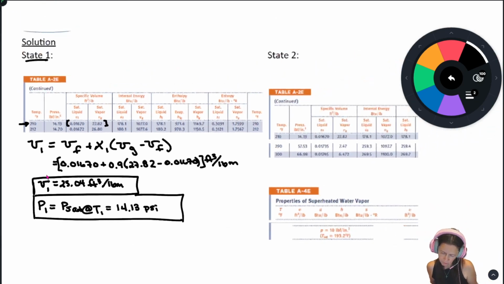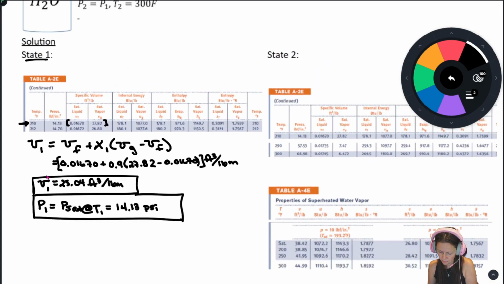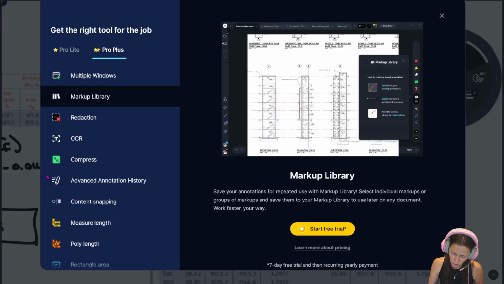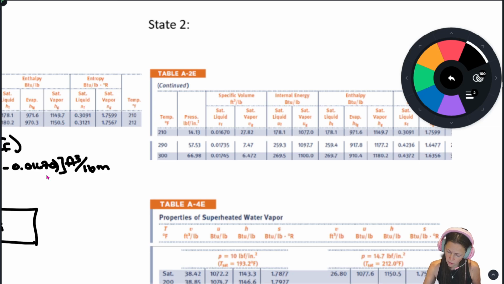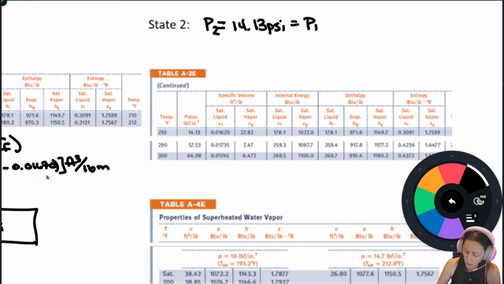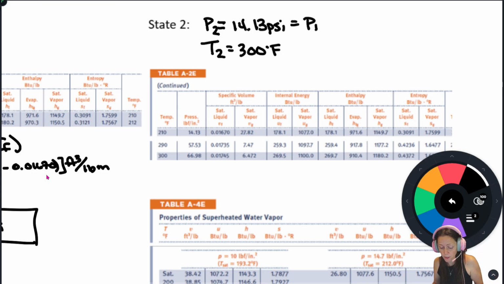Perfect. State 2. So our P2 is, again, 14.13 psi, and we know that because it's the same as P1. And I'm also given that T2 is 300 degrees Fahrenheit. So I'm going to go to the saturated tables organized by temperature.